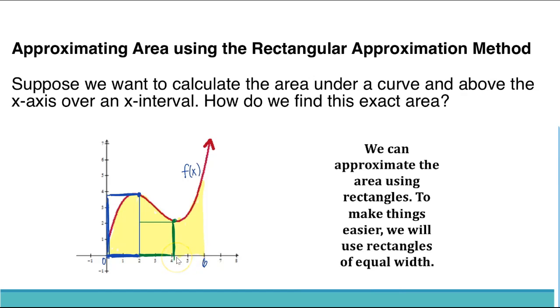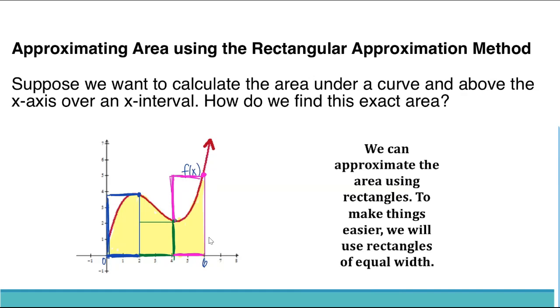And then my last rectangle with a width of 2 is going to extend from 4 to 6, and again I will use the right hand side to define the height. And that means that this rectangle is also going to be an over approximation. It got a little messy here because I have all this extra area that I'm collecting with this third rectangle.